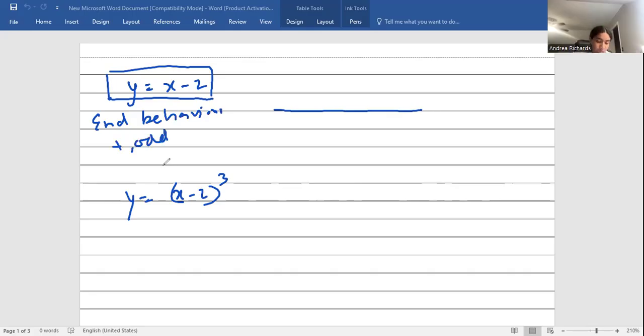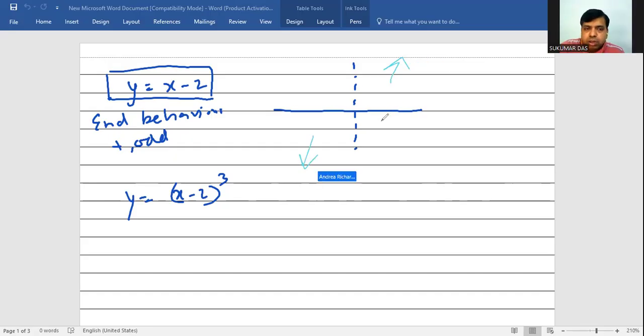So it would be like this. Here we can take x is equal to 2. Now here, always start from the left hand side.